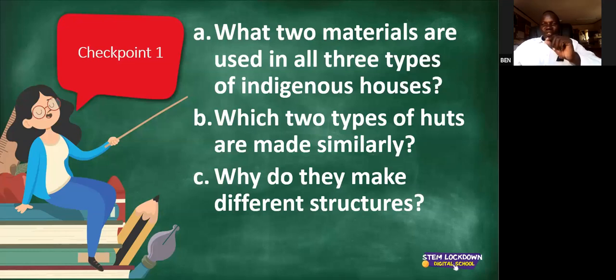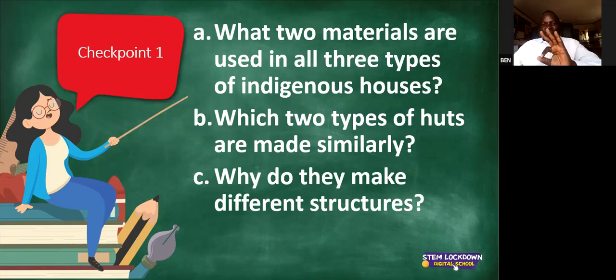I talked about the Iqhugwane, the Zulu one, and then I talked about the rondavel for the Xhosa people. I also talked about the Nama's hut. So now, among those three, which are the two houses which are made similarly?